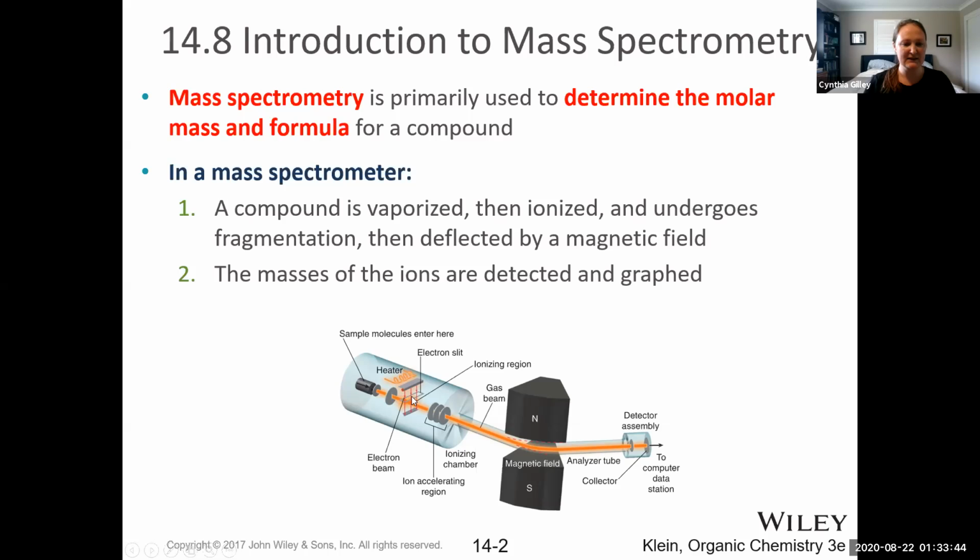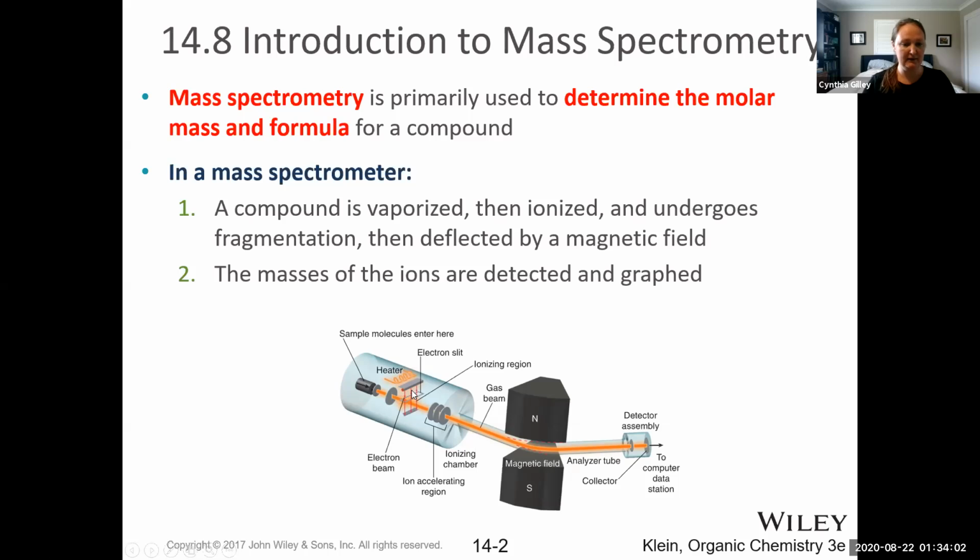And then once in the gas phase, they can go through an electron slit, which basically is a high energy beam of electrons. If the electron hits the molecule in the gas phase, then an electron can get ejected to form an ion.